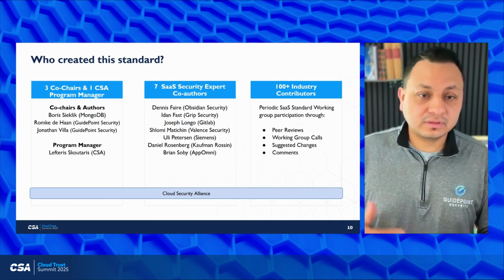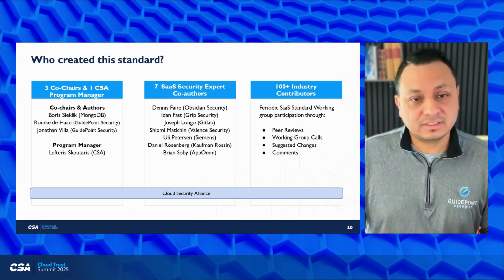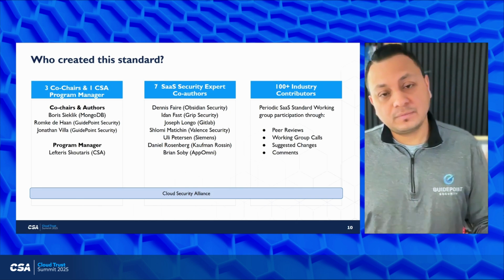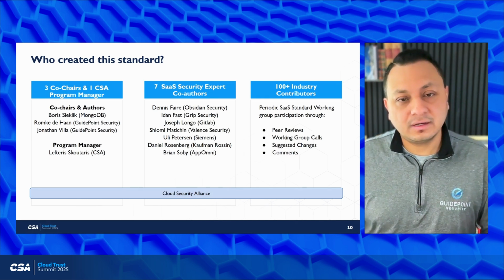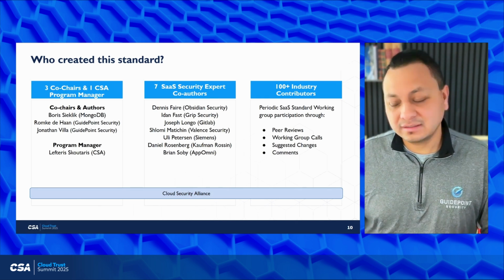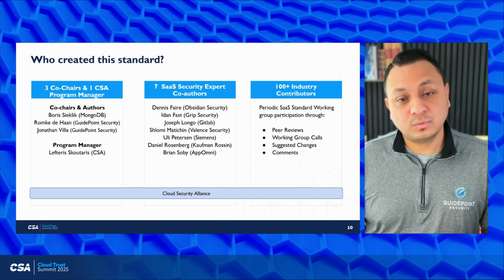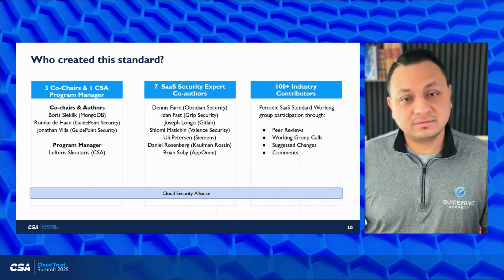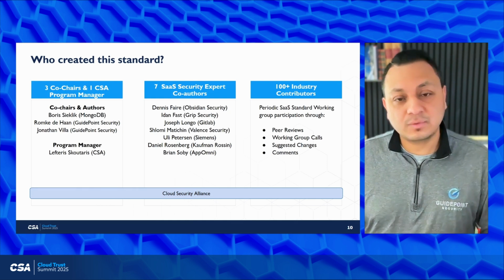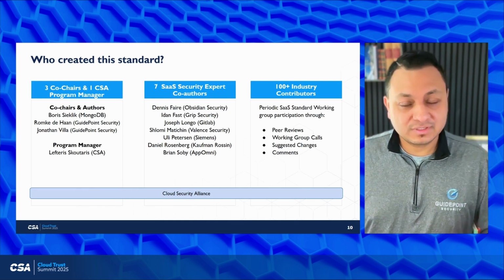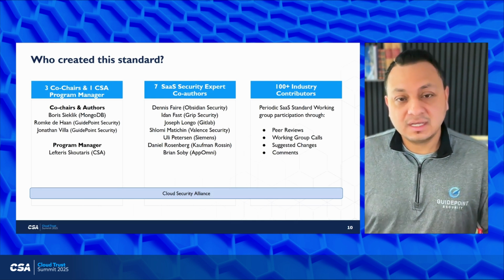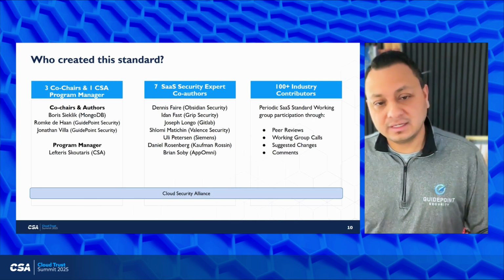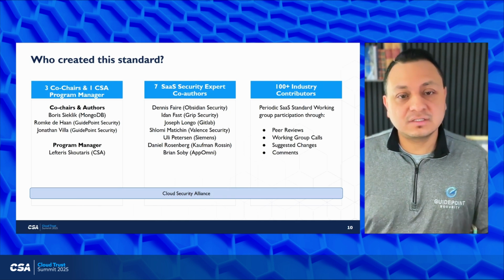So together with Lefteris, who's the program manager at the CSA, we enlisted the help of a pretty impressive working group, in my opinion. What I really enjoyed was working with industry leaders. If you see some of the representation on the team in the SaaS security co-author space, we had ISVs, we had leaders from other organizations.